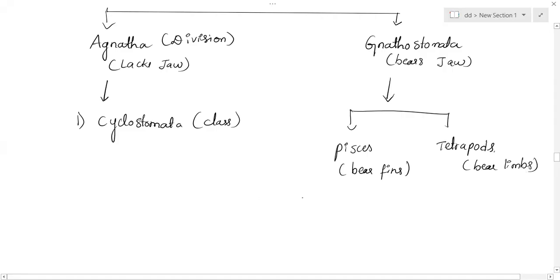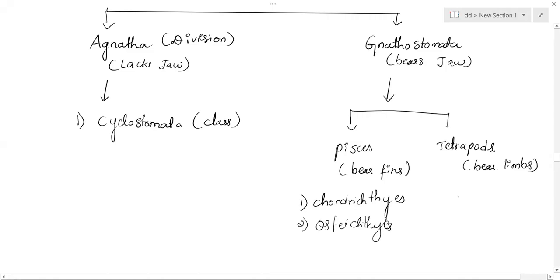Here the Pisces are also divided into Chondrichthyes and Osteichthyes. The first is Chondrichthyes, the second is Osteichthyes.